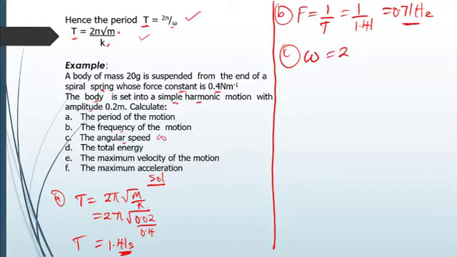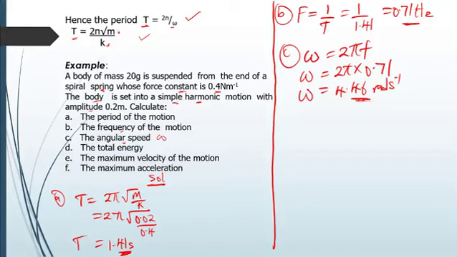The angular speed is found by calculating 2 pi f. In other words, 2 pi times the frequency, which is 0.71. So our angular speed is going to become 4.46 rad per second. You can see how the questions are interrelated with each other, and that for you to move progressively, you need to be able to get the answer to the previous one.